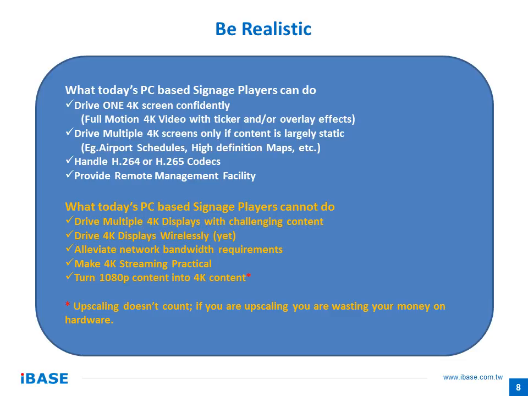Well, what PC-based digital signage players cannot do today with regards to 4K is, in addition to not being able to drive 2, 3 or 4 4K screens successfully and with great smoothness, fix the fundamental challenges of delivering these very, very large files over the network.